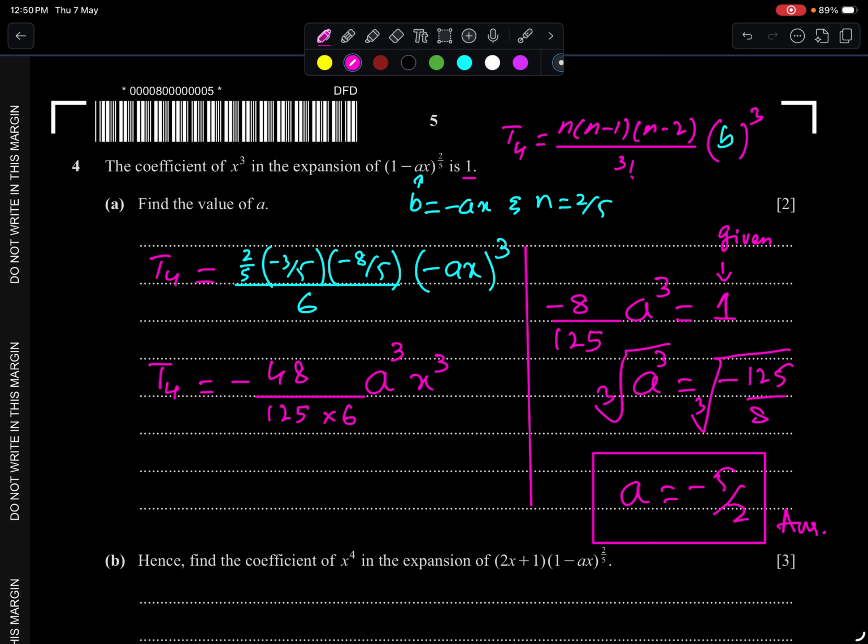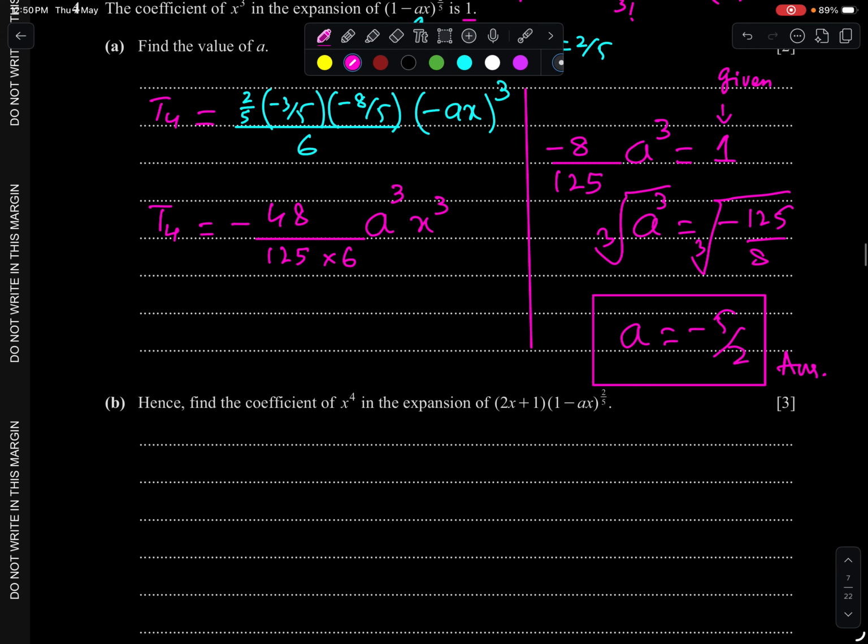See the importance of MF19. So you must be used to MF19. Now find the coefficient of x power 4 in the expansion of 2x plus 1 times this expansion. We have the coefficient of x cube, which is 1. Now we need the coefficient of x power 4.